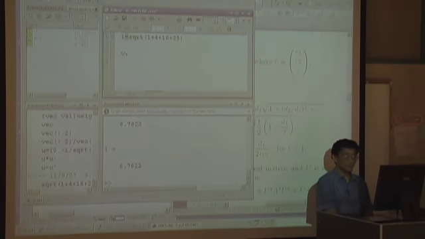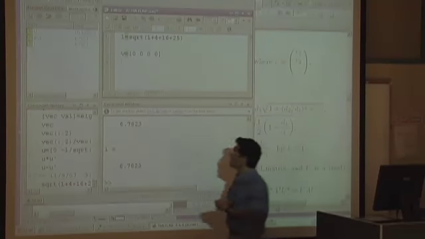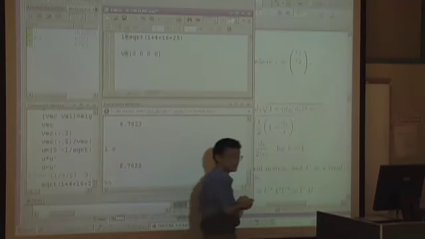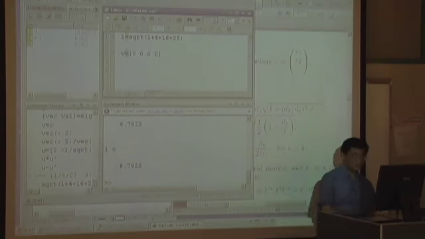V1 equals... B, how do we determine an array? Let's say B is 0, 0, 0, 0, and later I will convert this to a transpose vector. V is determined then.